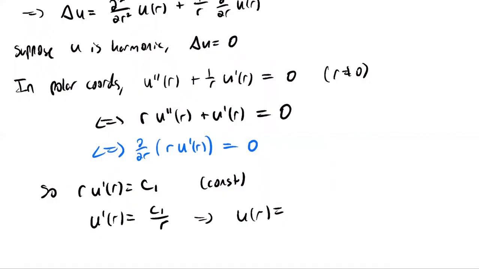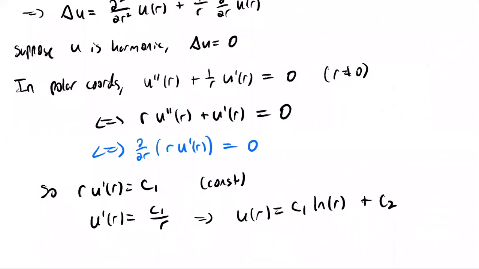If we take the antiderivative, we get c1 times natural log of r plus c2. And so that tells us that this is a harmonic function. This solves Laplace's equation on the plane.